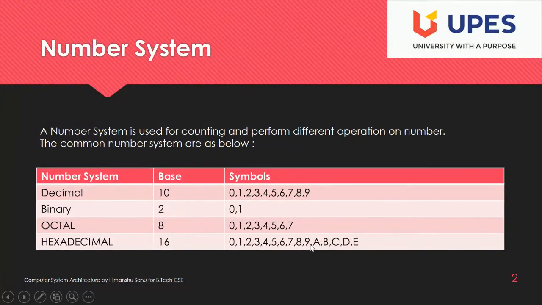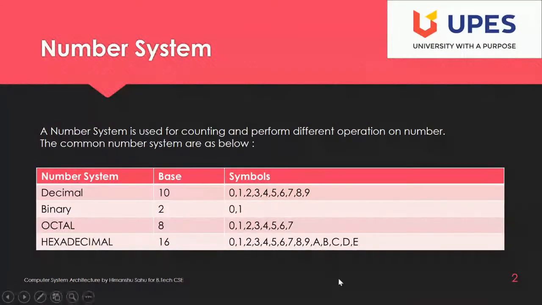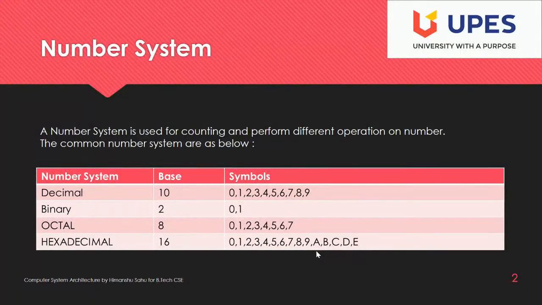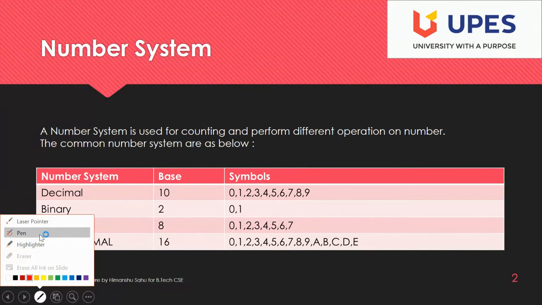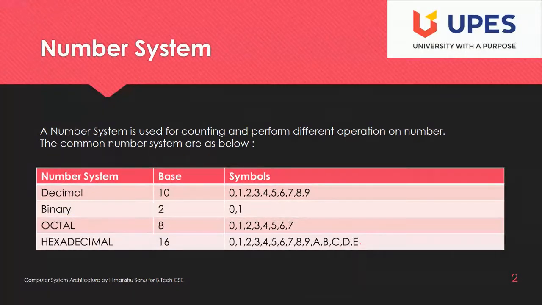From 0 to 9, we are using the same as the decimal number system. After that, we use the symbols A, B, C, D, E. A represents 10, B represents 11, C represents 12, D represents 13, E represents 14, and there is one more symbol, that is F. So F represents 15. These are the 16 different symbols used in hexadecimal.